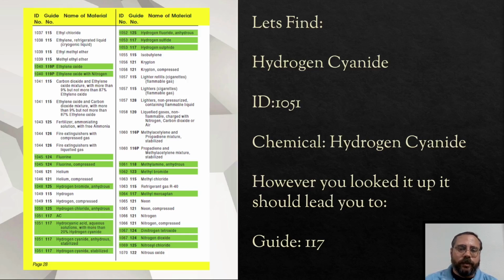It's ID number 1051. Chemical name is hydrogen cyanide. However you look it up, it should lead you to guide page 117. Let's take a look at guide page 117 and see what it has to offer us.